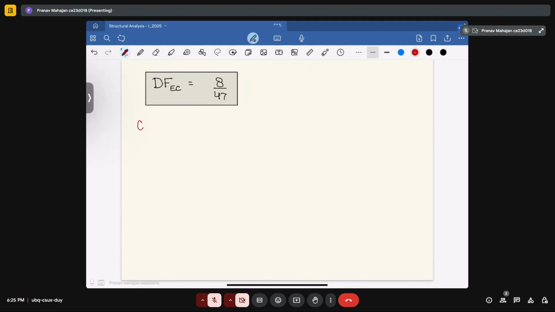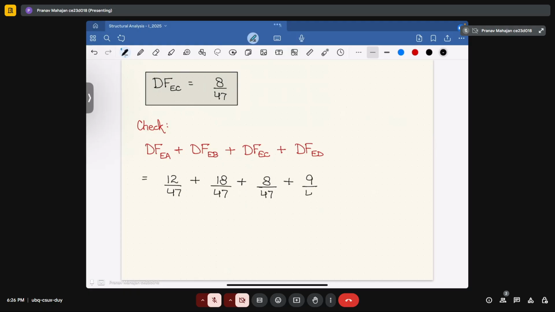Now if we apply the check, DF of EA plus DF of EB plus DF of EC plus DF of ED will come out to be equal to, for EA you already calculated it to be 12 by 47, for EB 18 upon 47, plus for EC 8 upon 47, plus for ED it is 9 upon 47.